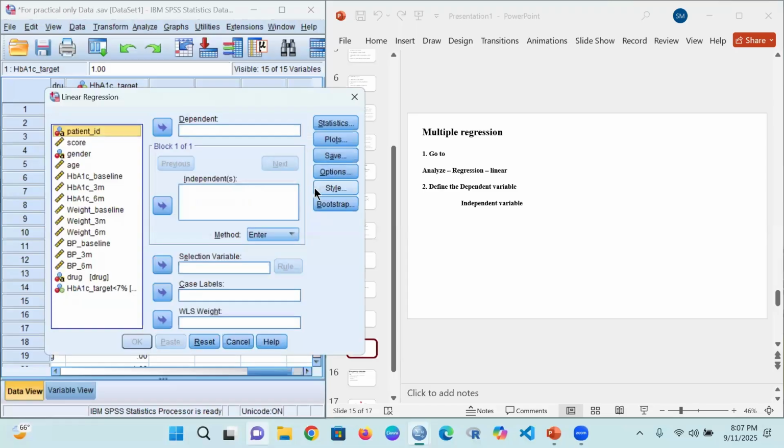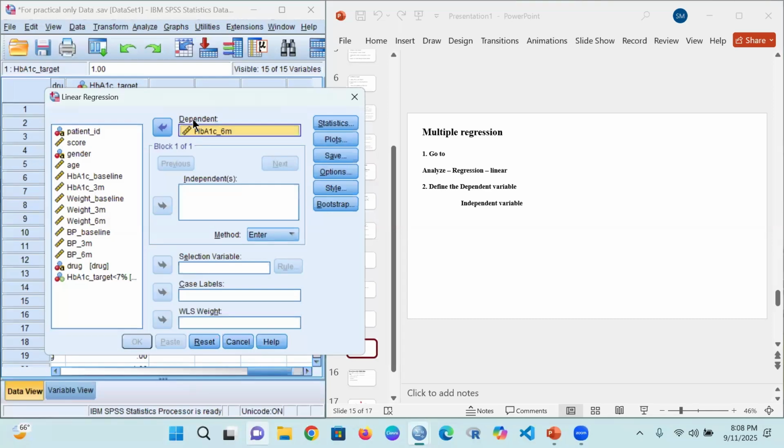So we are there. When you get here, which is our dependent variable? Our dependent variable is the HbA1c after 6 months.